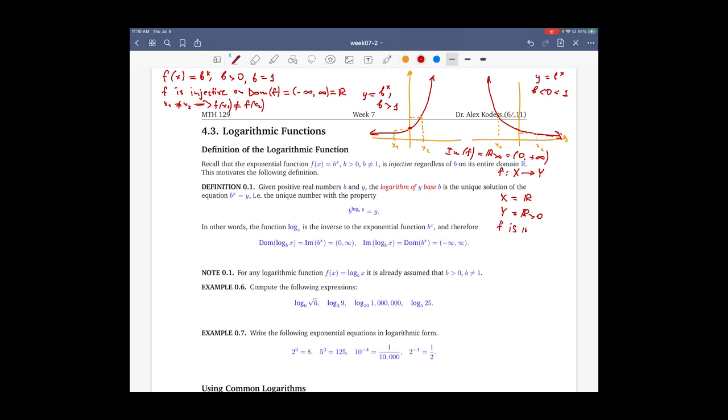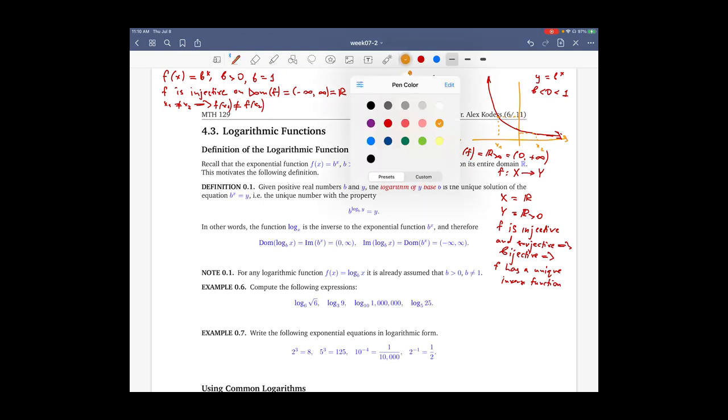F is injective and surjective, and therefore bijective. Being bijective, it has a unique inverse function. How do we construct this function?